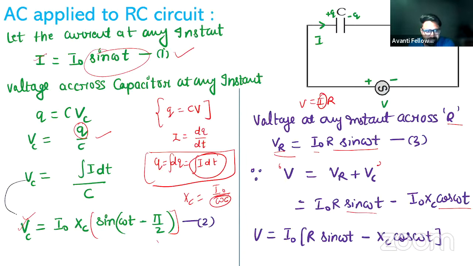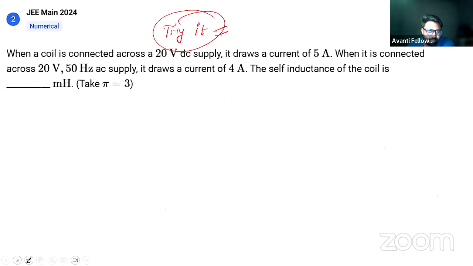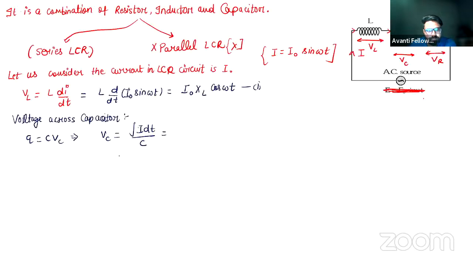Okay, the derivation is the same, so we will not derive it again and again. So it will be I naught XC sine omega t minus pi by 2. This is equation number 2.